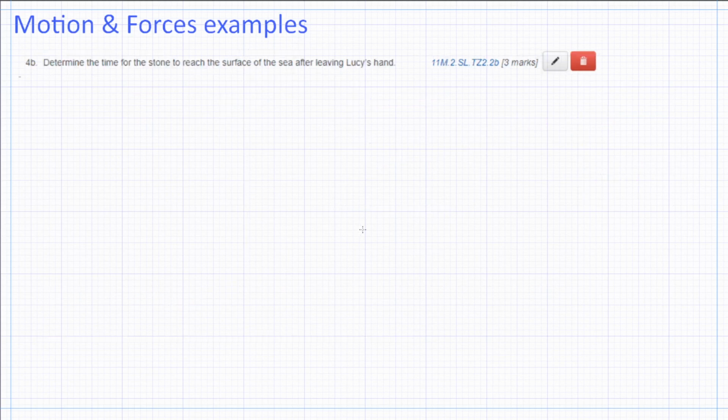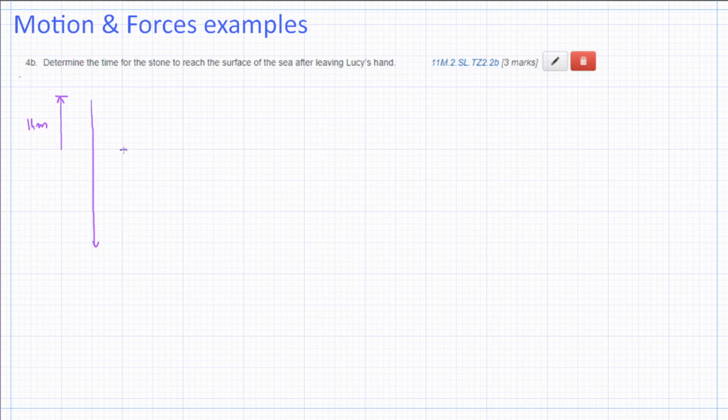So, determine the time for the stone to reach the surface of the sea after leaving Lucy's hand. Now what we're looking for is not only the first motion, which is going up and stopping, but also the one which is completely down. So we have realized that this displacement upwards from her hand was 11 meters.